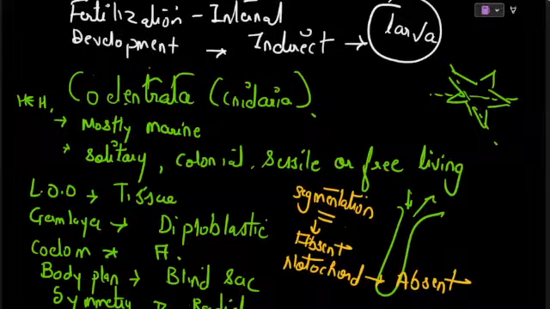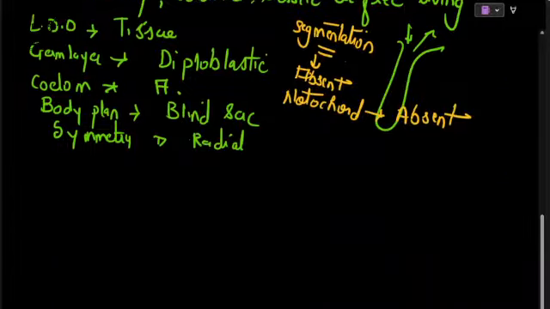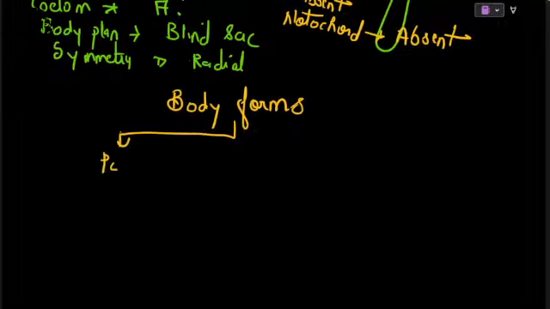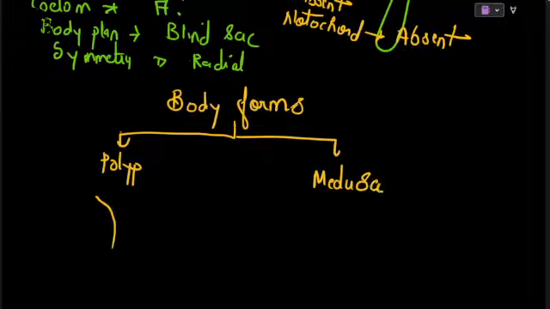So they have two different types of body form. One is polyp and the other is medusa. What is polyp? What is medusa? Polyp is stationary, right?